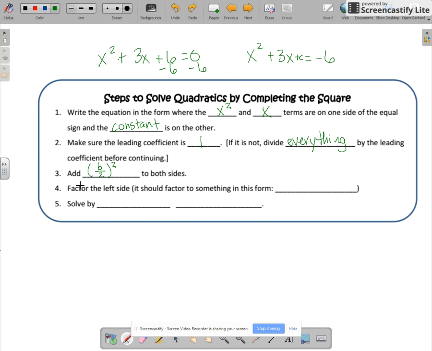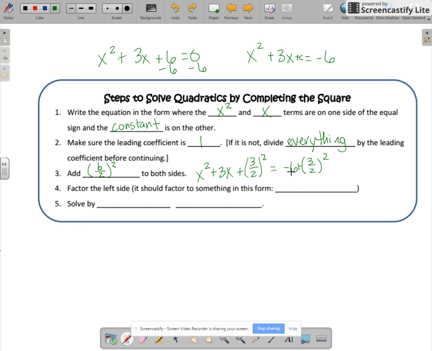We're going to add that to both sides. So in our example, we have x squared plus 3x plus 3 divided by 2 squared is equal to negative 6 plus 3 divided by 2 quantity squared.